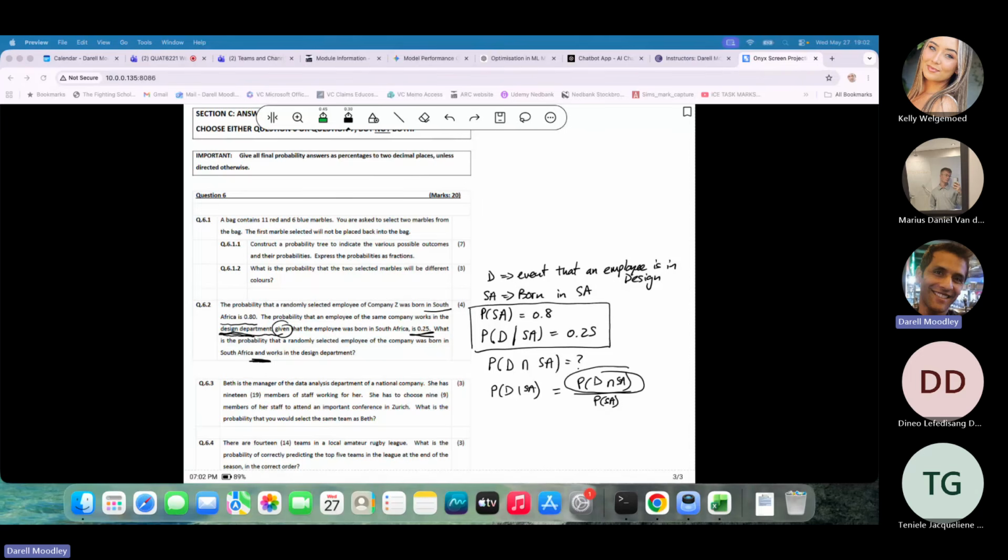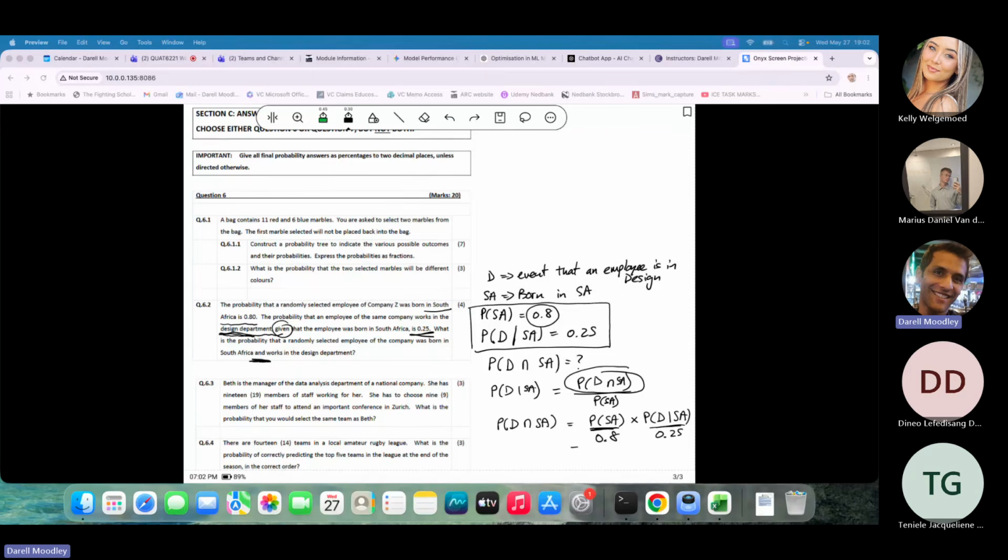So to rearrange it, it becomes probability of D and SA equals probability of SA times probability of D given SA. That's it. And then all you need to do is substitute the values. For this, we know the value is given to us, 0.8. And this is 0.25, which is also given to us.